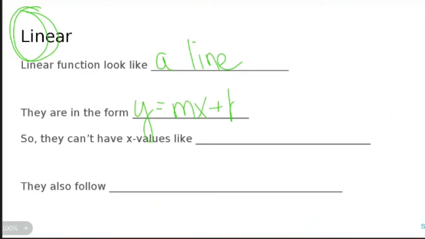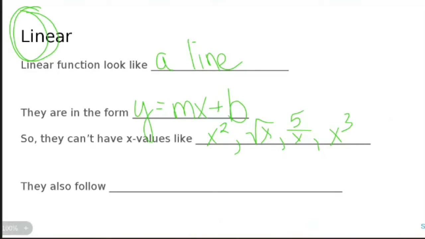And if you're like, that's slope-intercept form, it sure is. Notice, though, the important thing here is x is just x. So they can't have x values like x squared or the square root of x or something like 5 over x or x cubed. X has to be x.